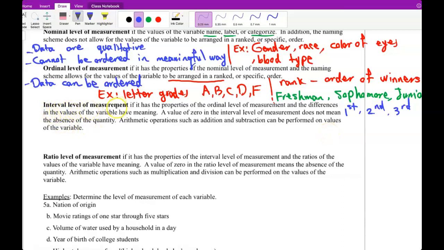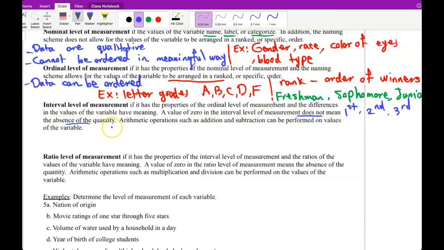Next point, interval level of measurement. Here again, this part deals with data that can be ordered. So it has properties of ordinal level, so we can order them. And the value of 0 in the interval level of measurement doesn't mean the absence of quantity.